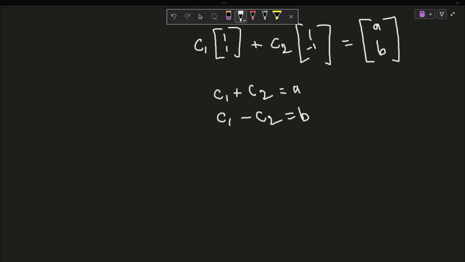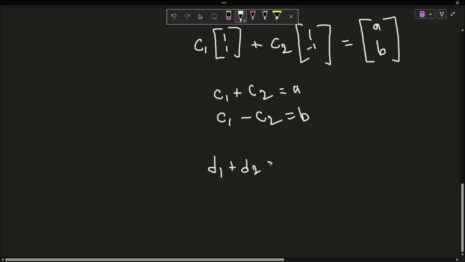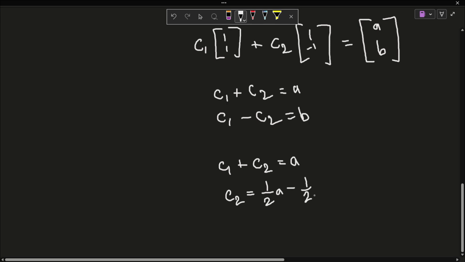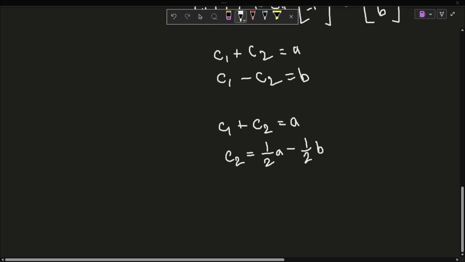Once you do that with Gaussian elimination, you should get c1 plus c2 equals a, and then c2 is going to equal 1/2 a minus 1/2 b. And by observation, you can see that there is a solution for every choice of scalars a and b.